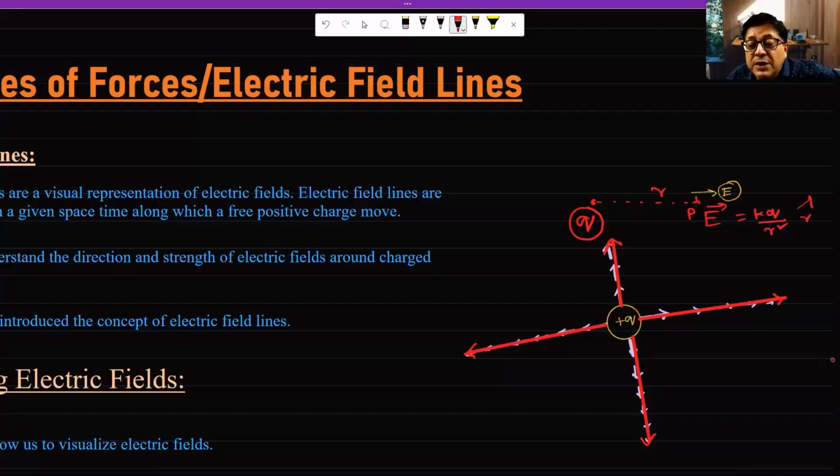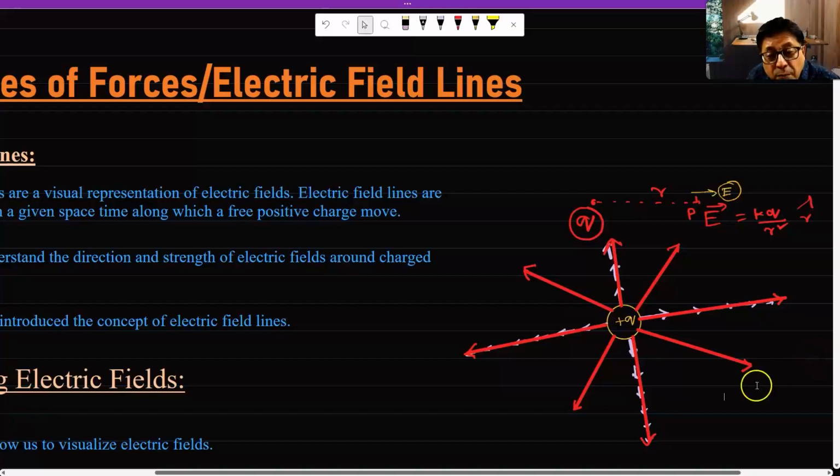If the magnitude of charge is large, then more field lines can be drawn this way also. But you should remember that lines of force will come out symmetrically, and isotropically they can be drawn in all directions. There is no chance that towards the left it will be less and towards the right it will be more.